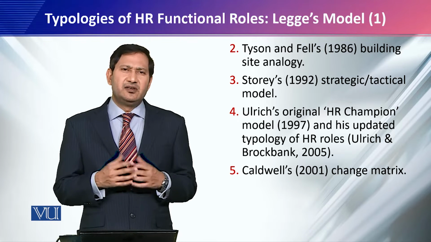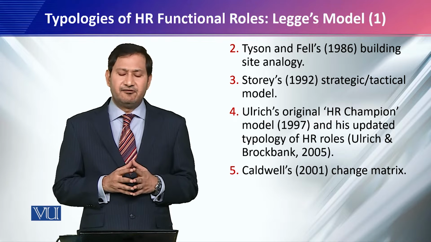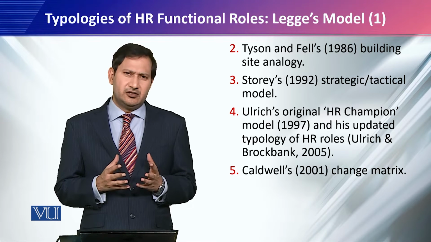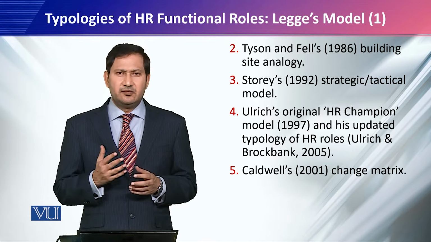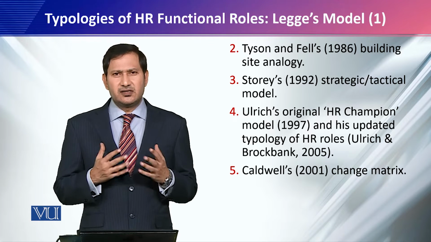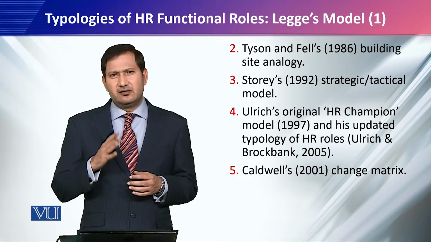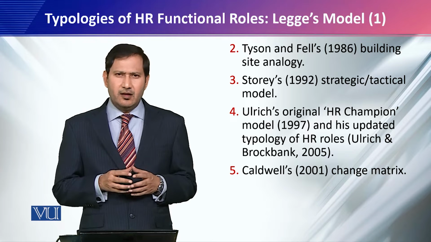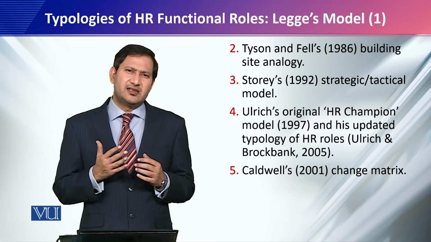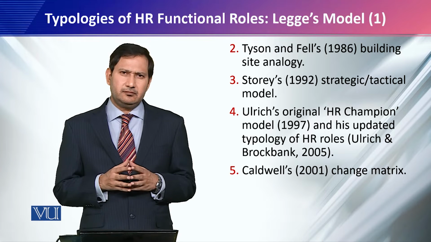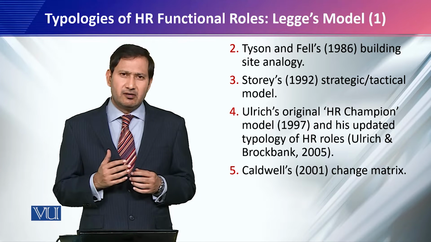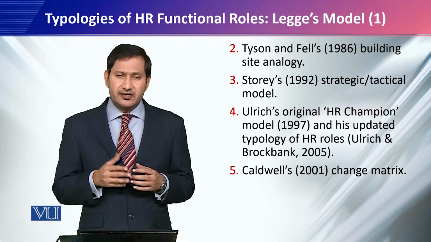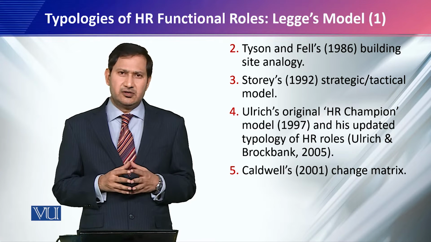The second model we will discuss is the Tyson and Fell 1986 building site analogy. The third model we will discuss is Storey's 1992 strategic and tactical model. The fourth model in this series of 5 modules is Ulrich's original HR champion model and his updated typology of HR roles.